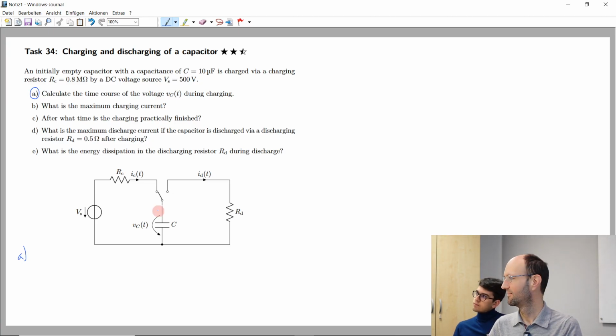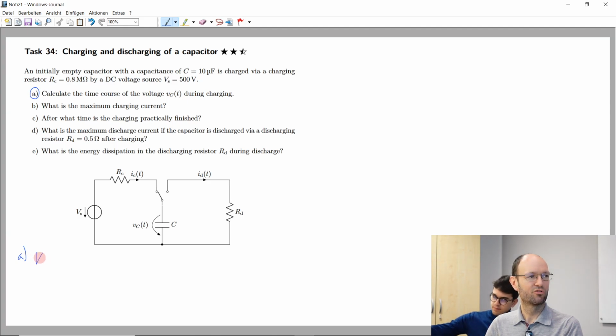One could use Kirchhoff's voltage law and say Vc of t equals V source minus VR. Exactly. So what we can always use, if we are not sure what to do in electrical engineering, is set up Kirchhoff's voltage laws, or a Kirchhoff's voltage law if there is only one.